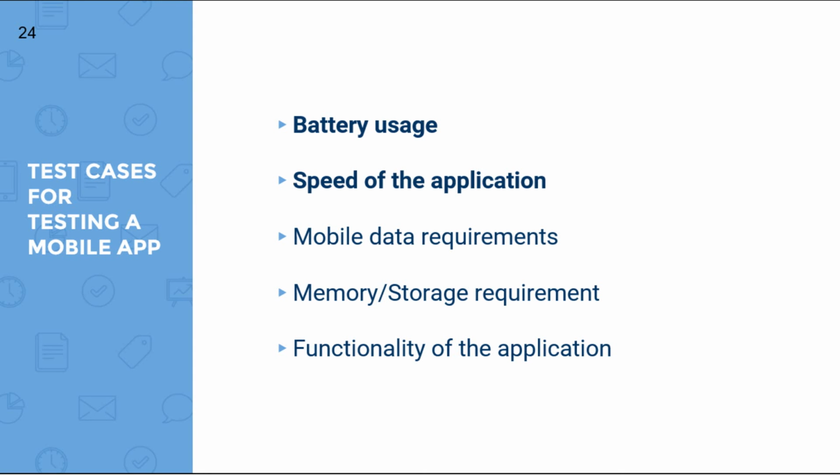Remember here, you need to write test cases to test on different networks as well, because that can be a factor of the speed and mobile data requirement. In some countries mobile data is very expensive, so if you can, please cover in test case writing how much mobile data will be required to download and install the mobile application and communicate with servers as well, and memory storage requirement.